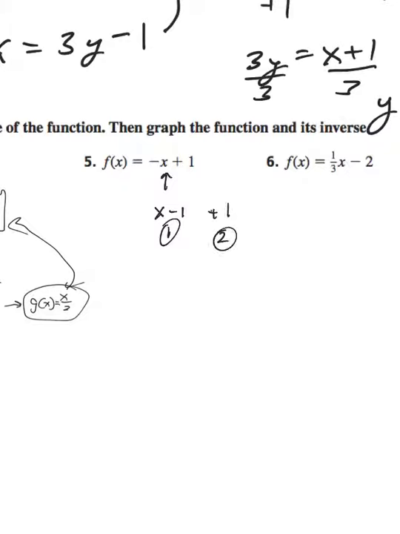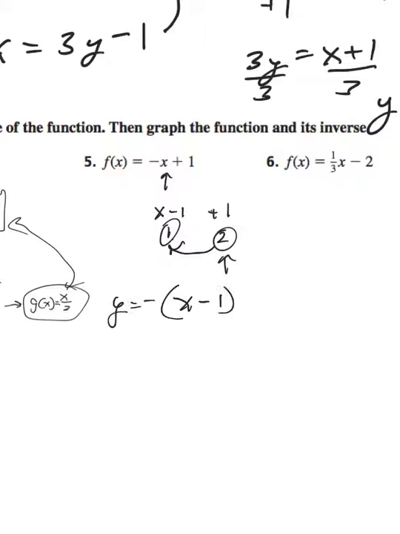To do that in reverse, we're going to subtract 1. So we're going to take x, subtract 1, and then going from right to left, we multiply by negative 1. And that's the whole thing by negative 1, by the way.